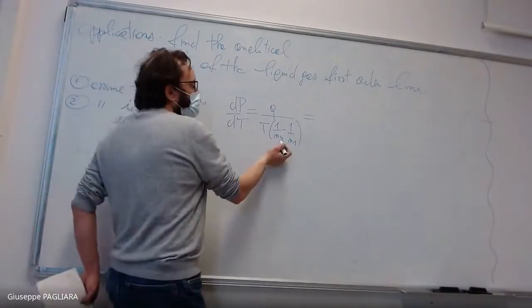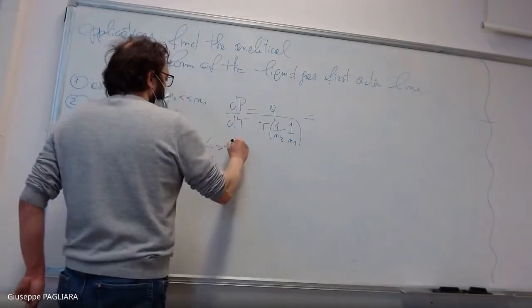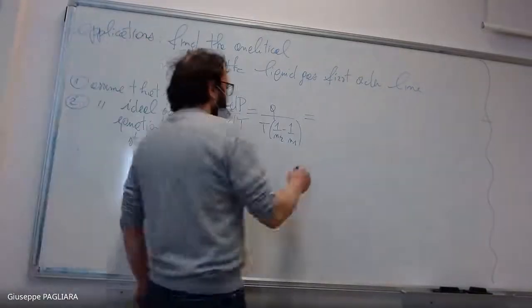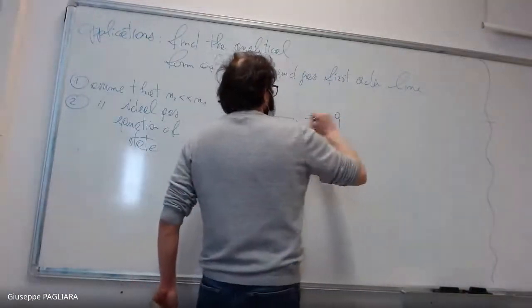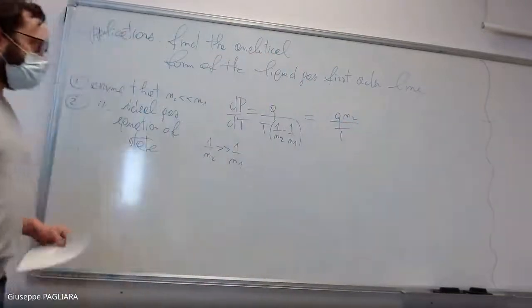So 1 divided by v2 is much larger than 1 divided by v1. By assuming this, therefore, this is nothing but Q times n2 divided by temperature.